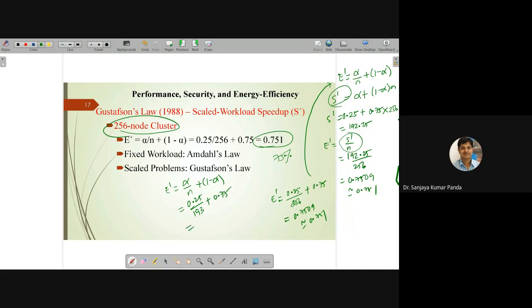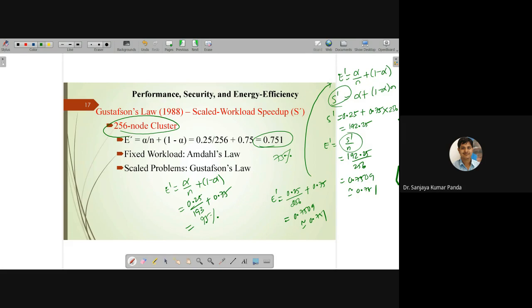Can anybody calculate and tell me? 0.25 divided by 193 plus 0.75, how much are you getting? 75.2129. So you are getting 75%, so 75% you are utilizing.